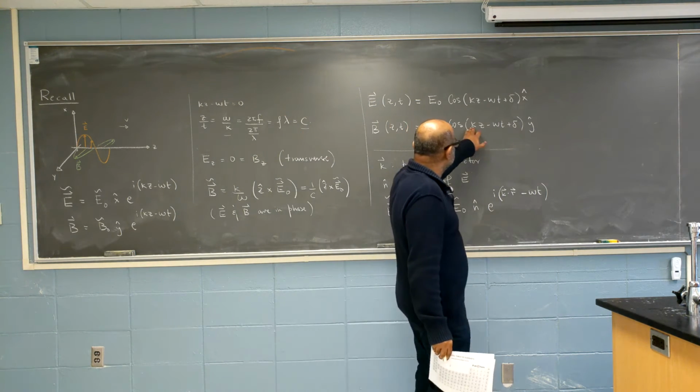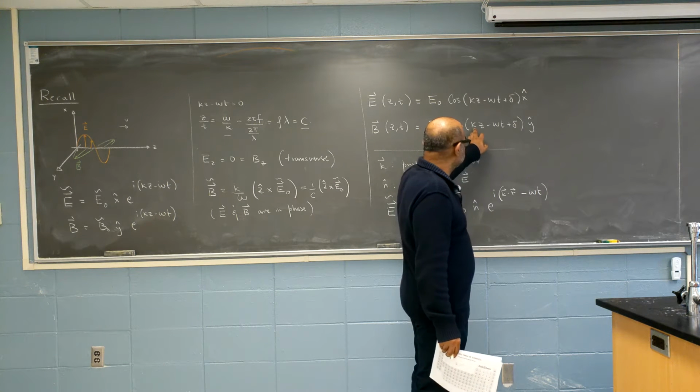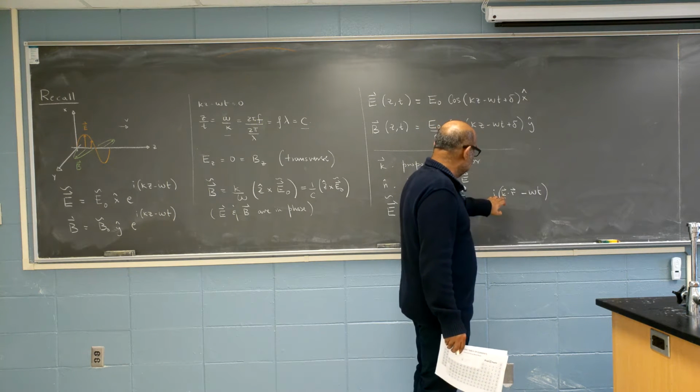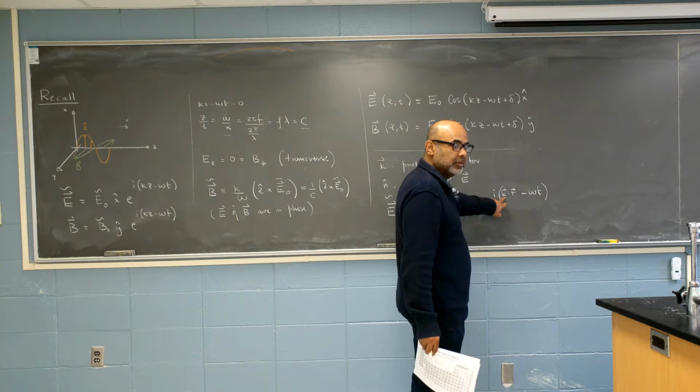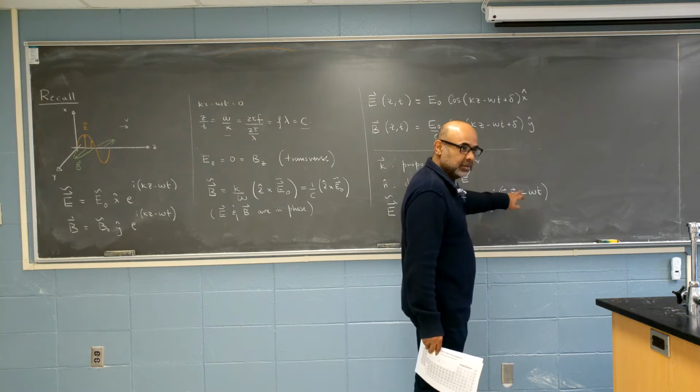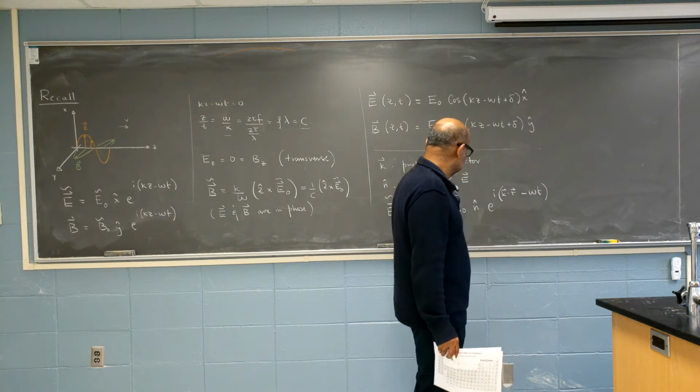In this wave, it was moving in the z direction, so I just put it as kz. Here it is moving in the direction of k. So kx times x, ky times y, kz.